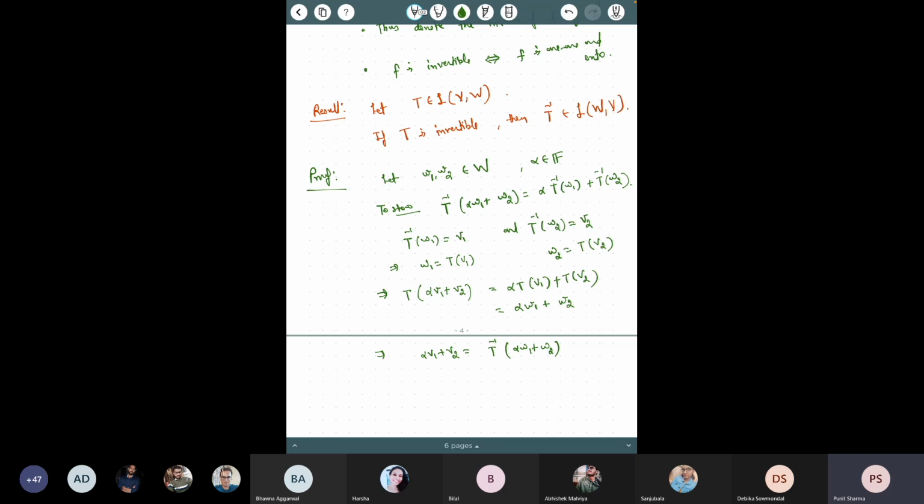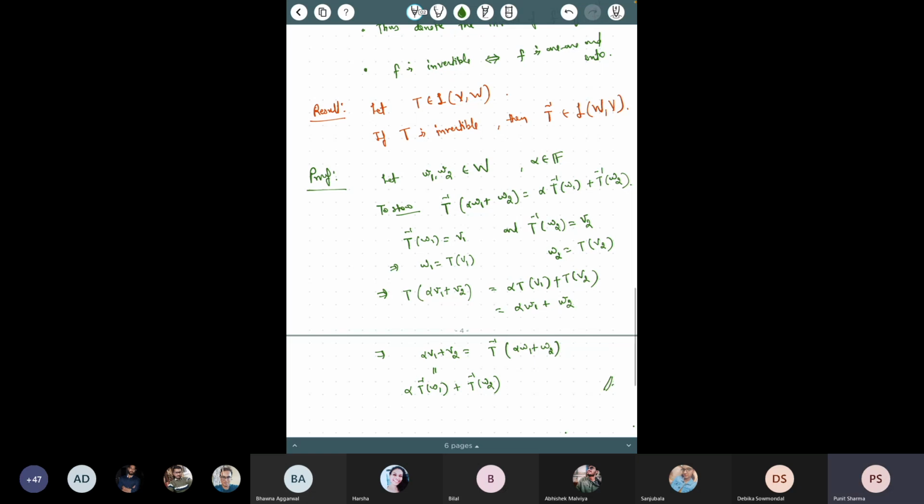Because T is invertible, I can do this. On the left hand side it is alpha times v1 plus v2, but v1 is T inverse of w1 and v2 is T inverse of w2. This proves that T inverse is linear, and we are done.